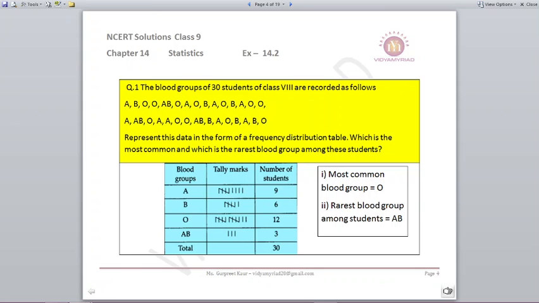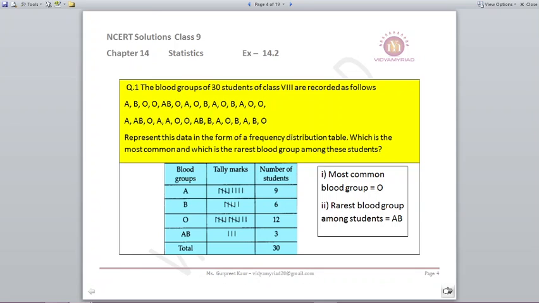Now according to this table we need to answer which is the most common and which is the rarest blood group among these students. Most common means the bigger number, 12. So 12 is the number of students whose blood group is O. So the most common blood group is O. Rarest means the least one, so the rarest is AB, which is only 3.